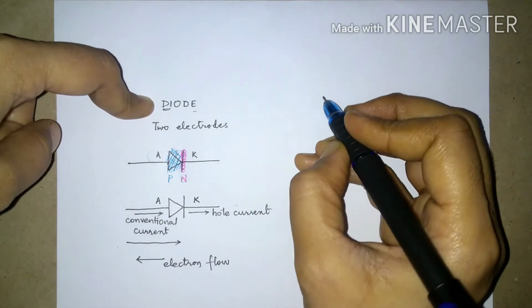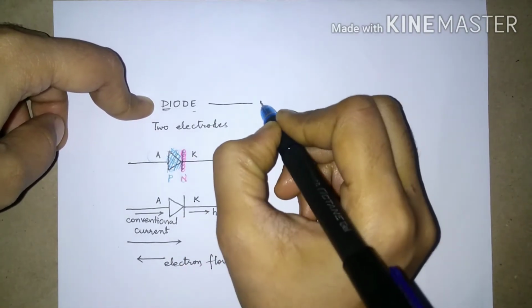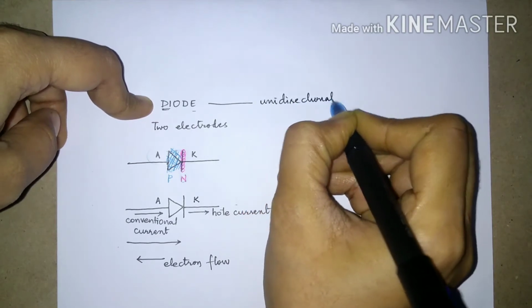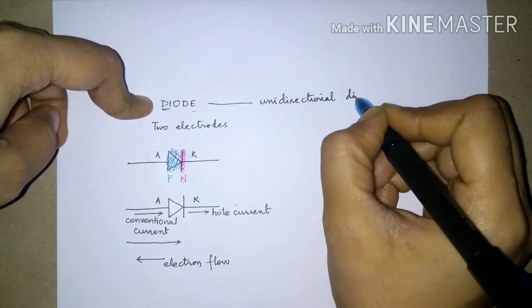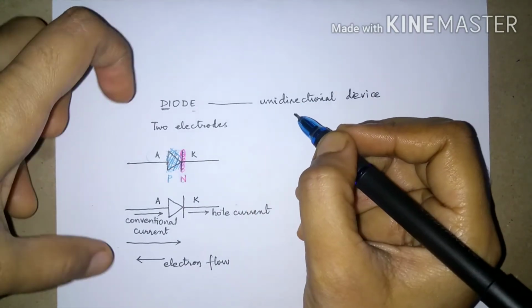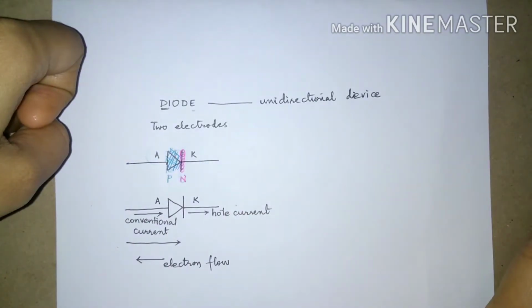Fine. A diode is a unidirectional device. What is a unidirectional device? An element or component which allows current to flow in only one direction.